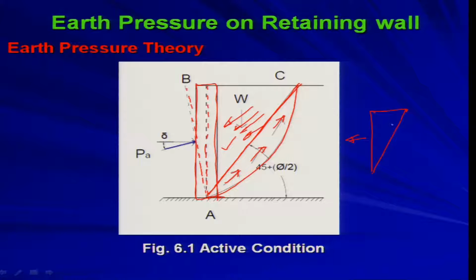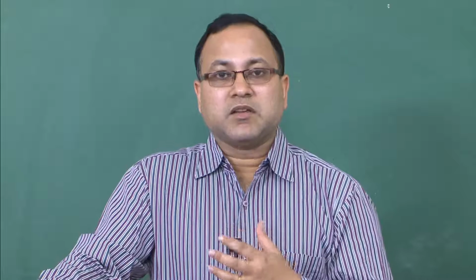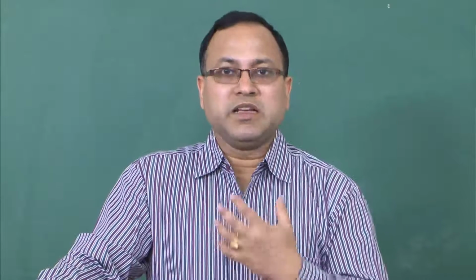This is the direction of movement, and you will get the resistance developed at the failure surface. This resistance is nothing but your shear resistance, as we discussed in the last chapter, that every resistance you generally get from the soil is based on the shear resistance.